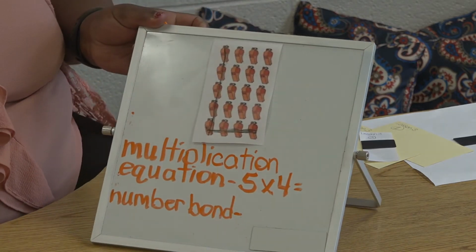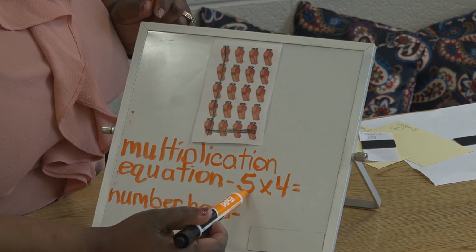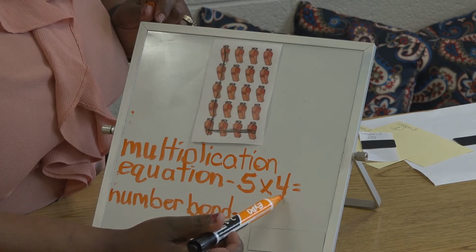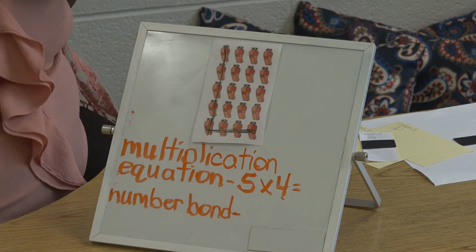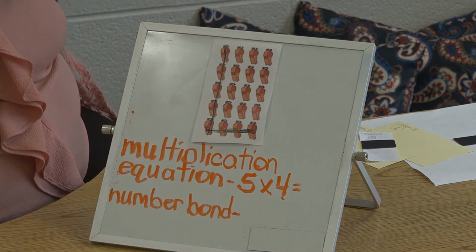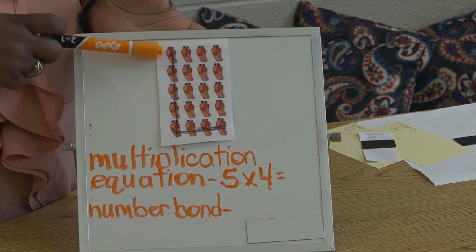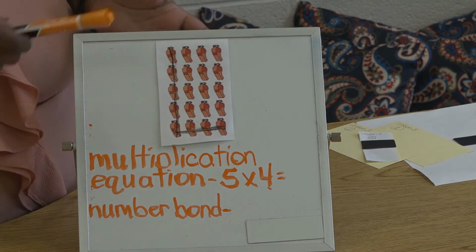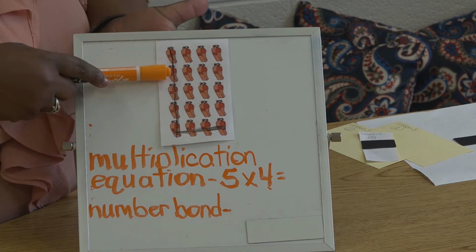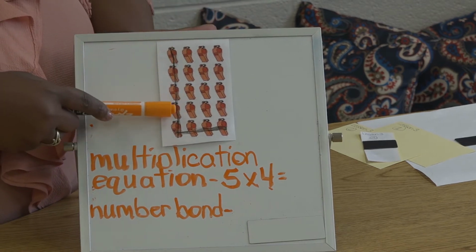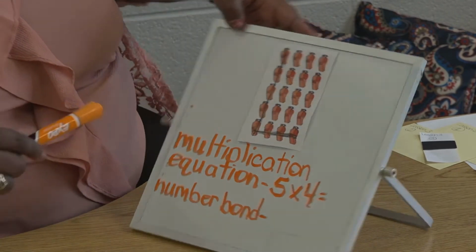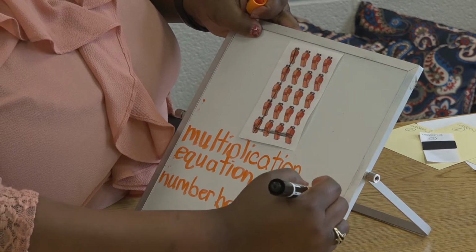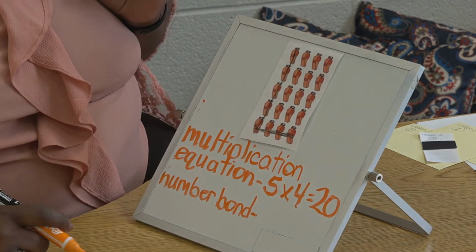To solve this problem, I could skip count by 5 4 times, or I could skip count by 4 5 times. I think I'm going to let the picture help me. I see how it's in 4s, so let's skip count by 4s, and we've been practicing that almost every day now. 4, 8, 12, 16, 20. Did you have 5 times 4 equals 20? If so, you are so correct.